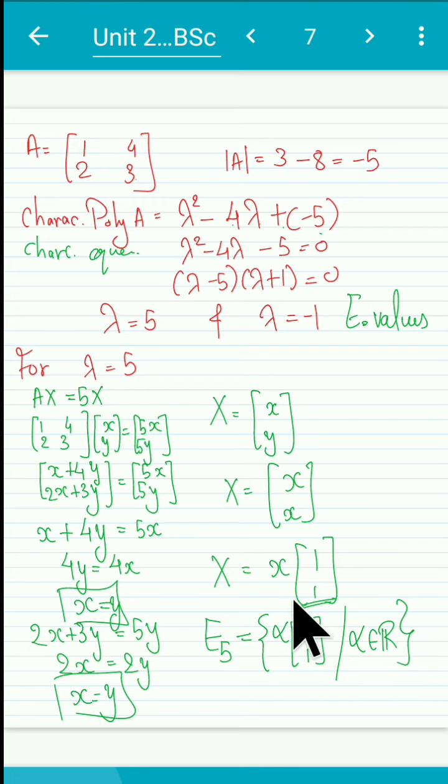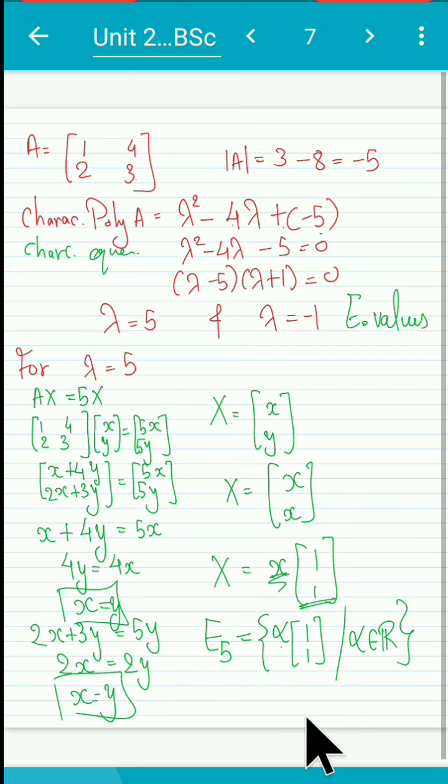Also you will see this (1, 1) is my eigenvector, since it satisfies this condition. Also any multiple of it, because I have no restriction on x. I can choose x as any number, so I will consider it to be any real number alpha. So anything like this, where alpha is any real number, will be my eigenvector. For alpha not equal to 0, it will be an eigenvector, right? So these are the elements of this E of lambda.